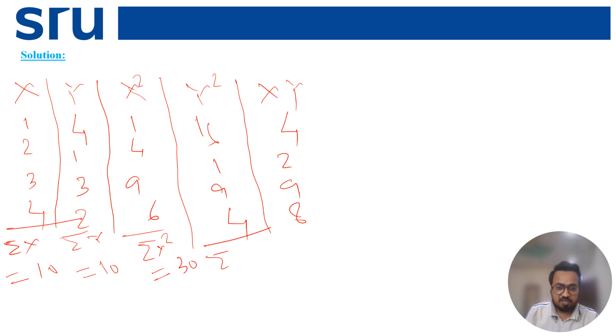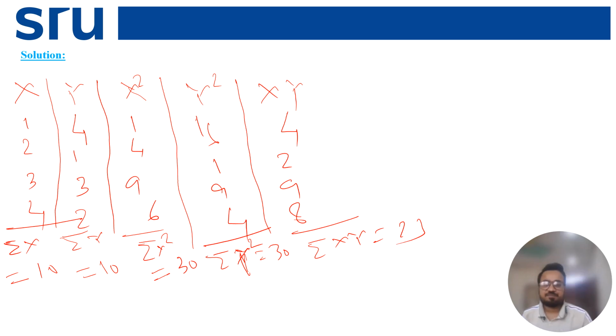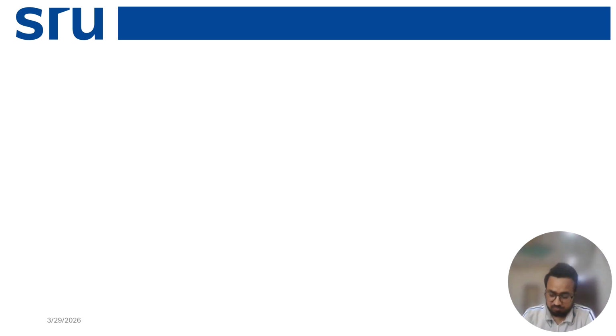The summation of y square is also equal to 30, and the summation of xy is 4, 6, 9, 15, 8, 23, so summation of xy equals 23. So these are the things we need: summation x, summation y, summation x square, summation y square, and summation x into y.